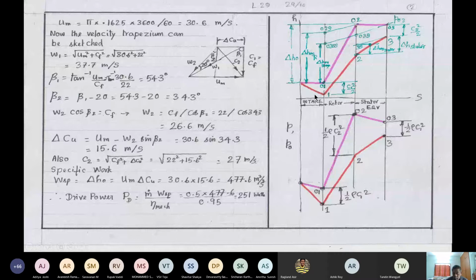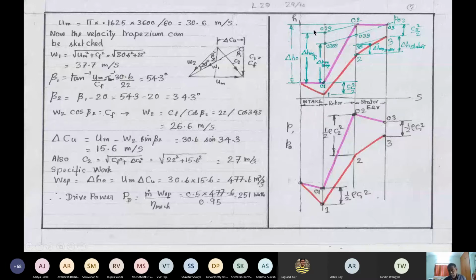But static changes to U into Cu or delta Cu. So that we have calculated.